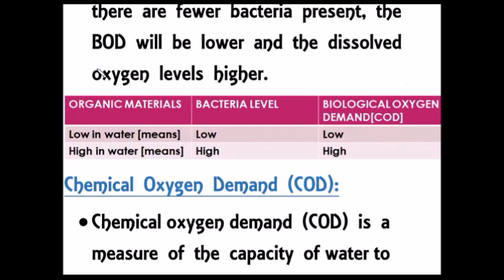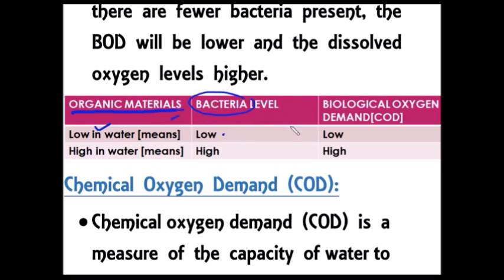Let's understand the concept of biological oxygen demand with the help of this table. When the amount of organic material reaching the water body is low, a low amount of bacteria or decomposers will be required to decompose the organic matter.